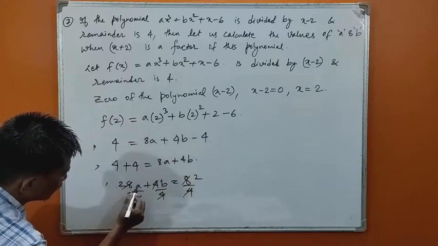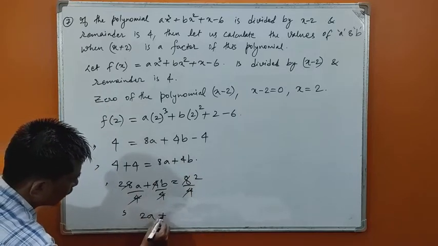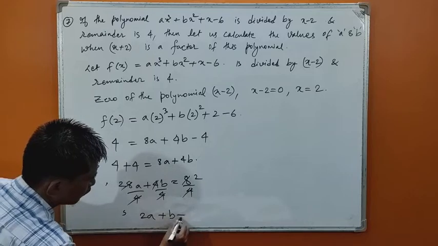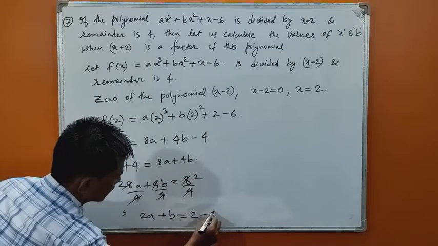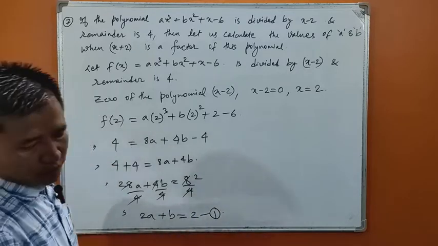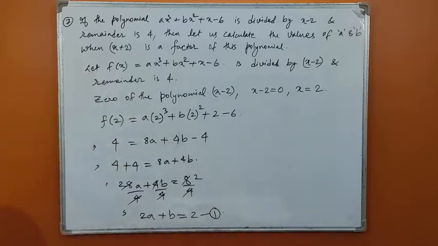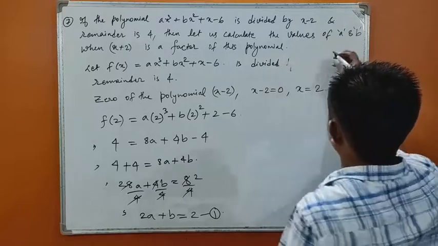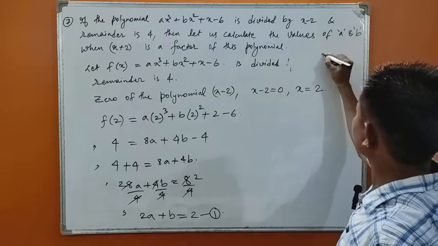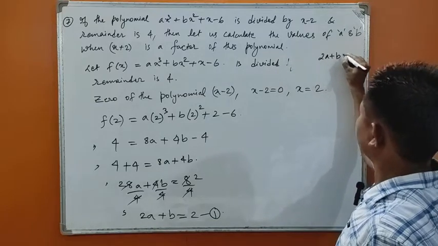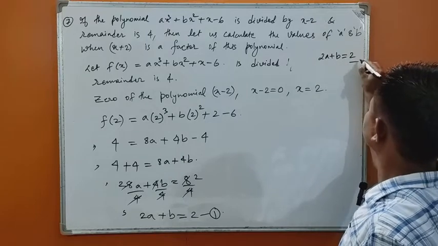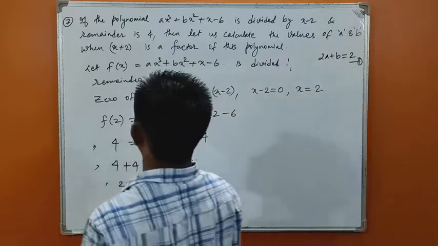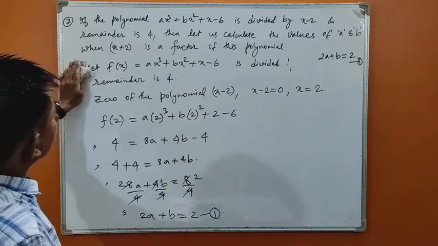Therefore we have 2a plus b equal to 2 in the right hand side. This is equation 1, okay? Let me copy this equation here. 2a plus b equal to 2. This is equation 1. Please take the screenshot. Now I am going to start the second case.